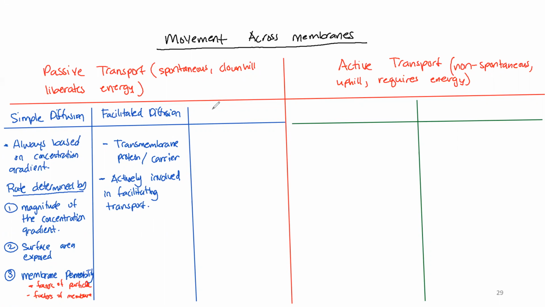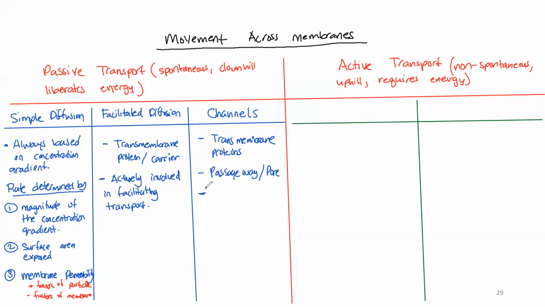The last thing here, channels, and remember we have many different types of channels. Most common are our ion channels. But the main thing, these are also transmembrane proteins. They are basically passageways or pores, and they are passively involved in transport, right?